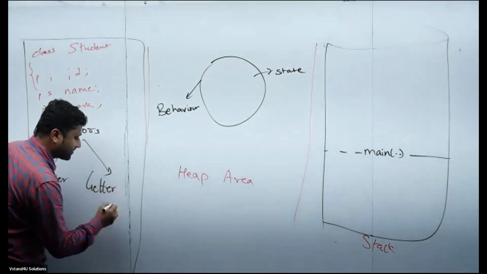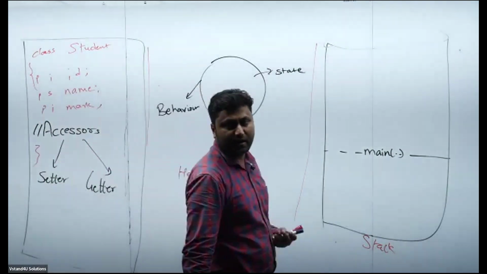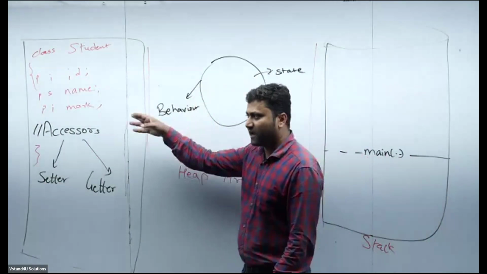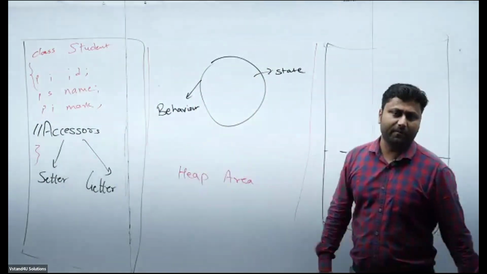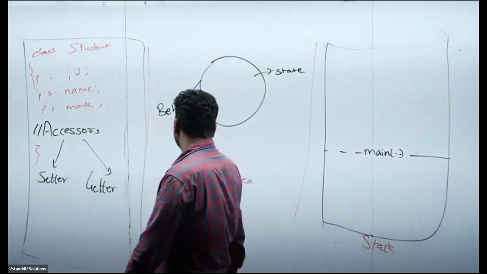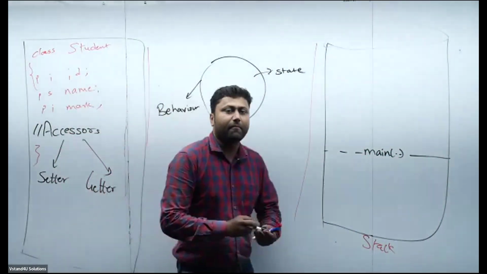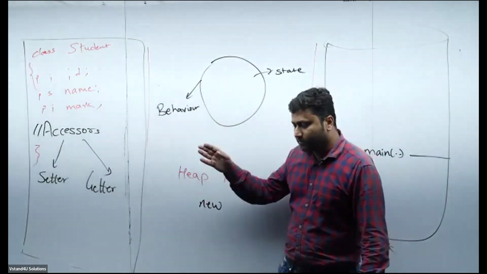Don't tell me you don't know what setter and getter are. Come on. So I have to write a class where all the attributes are private, and then the object will be created with the help of a keyword called new. New is a keyword meant for creating an object.